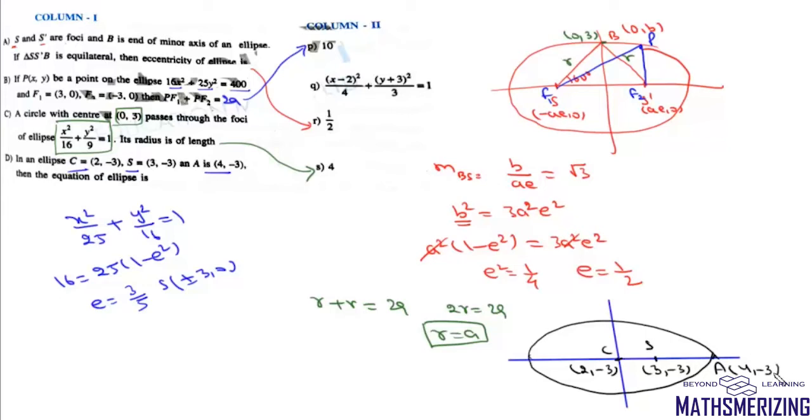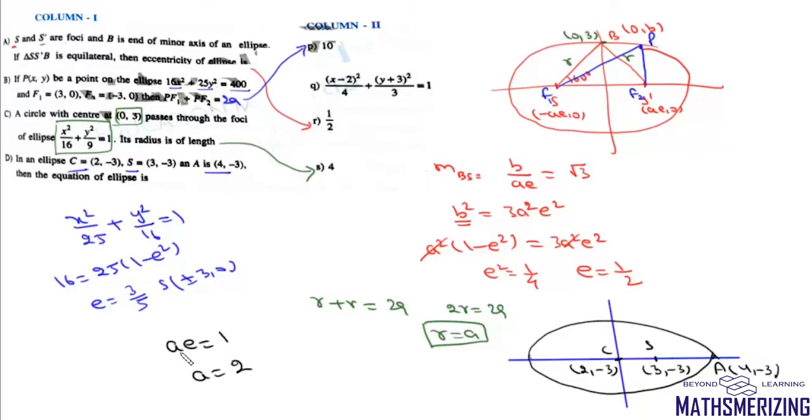Now for this ellipse, center is not at origin and the axes are parallel to x-axis and y-axis. That means this ellipse is translated, which is going to change its equation. But we know that the relationship between distances doesn't change. So the distance between focus and center is A into E, which in this case is simply 1, and the distance between center and vertex is A, which in this case is simply 2.